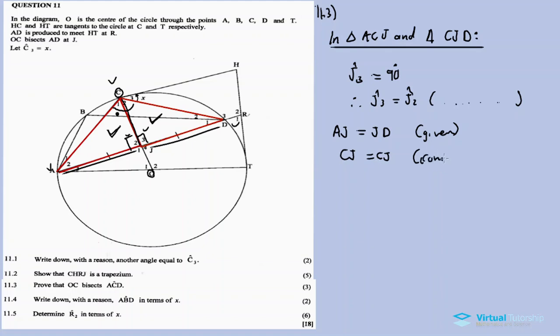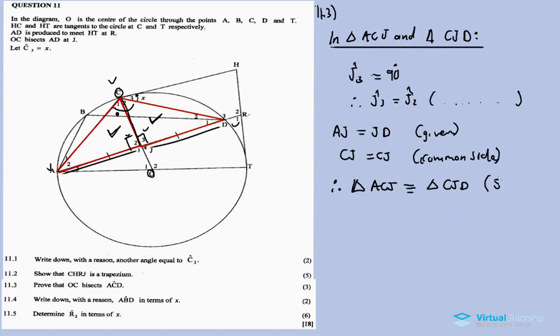This is a common side. Therefore, this is the conclusion again: triangle ACJ is in fact similar to triangle CJD, right?